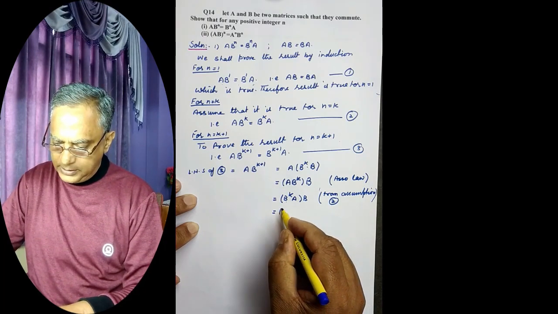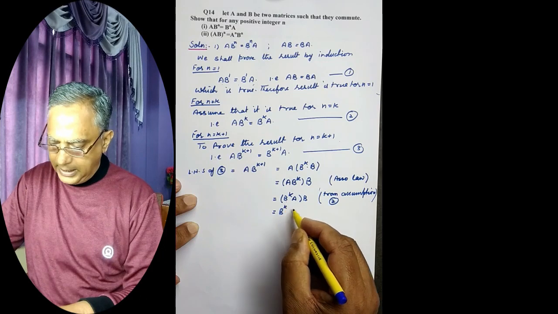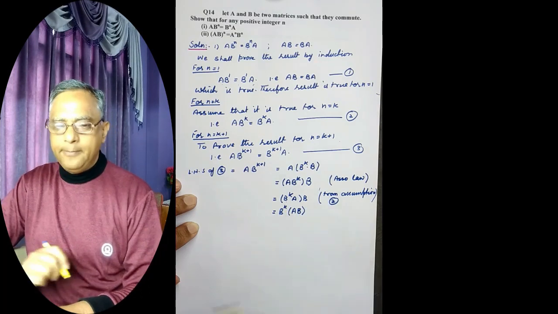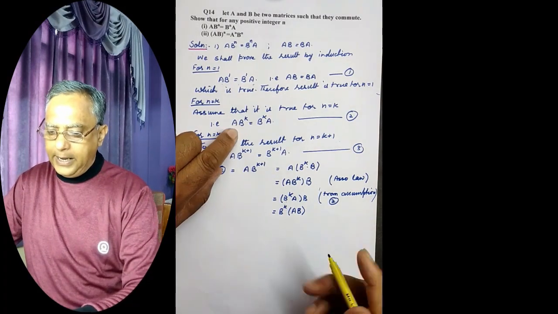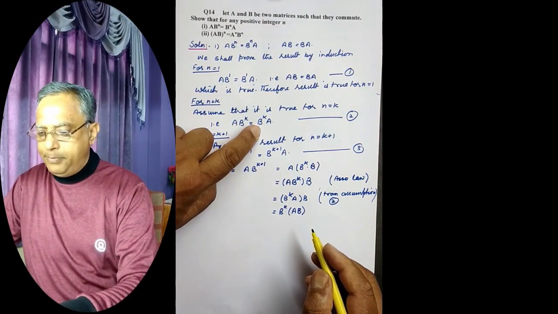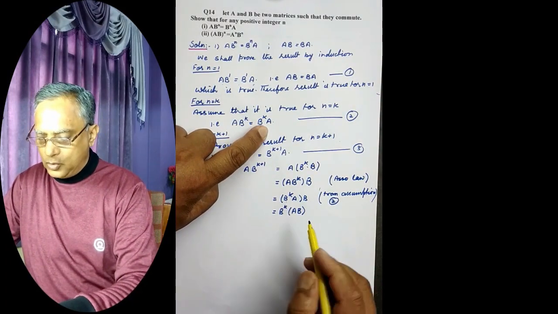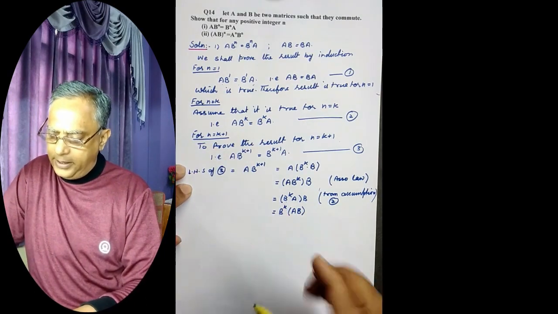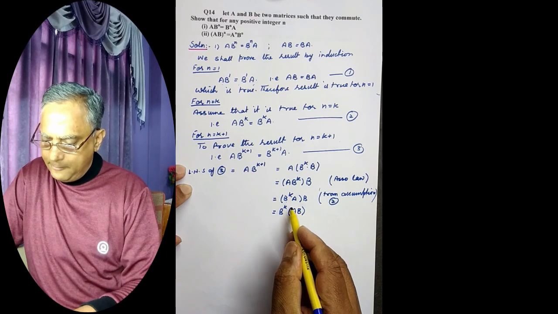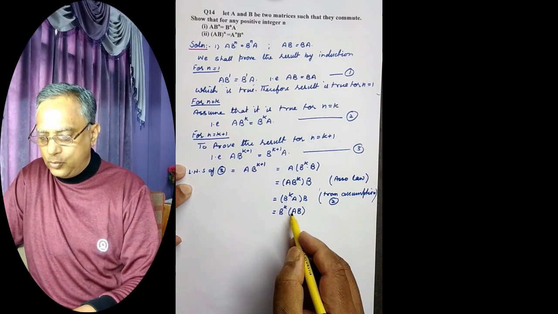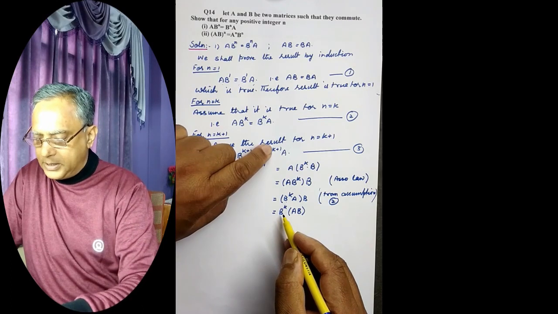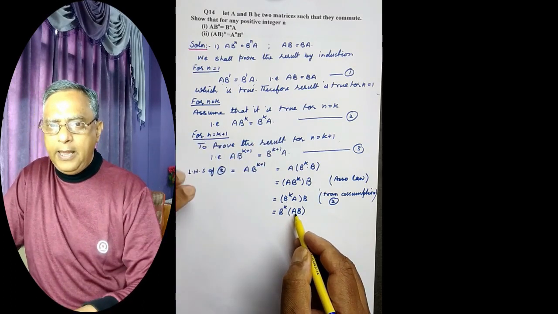So what we do is B to the power of k into AB. We have to prove that AB to the power of k is B^k into A. So I will use the commutative law and bring this B here. Then these two will get multiplied and we will get B to the power of k plus 1 into A.